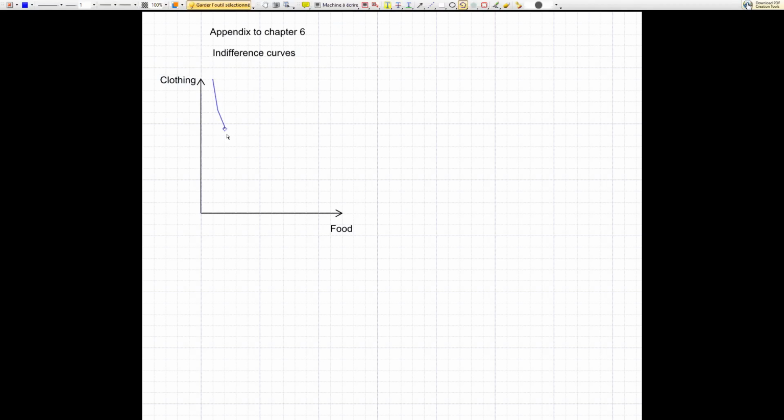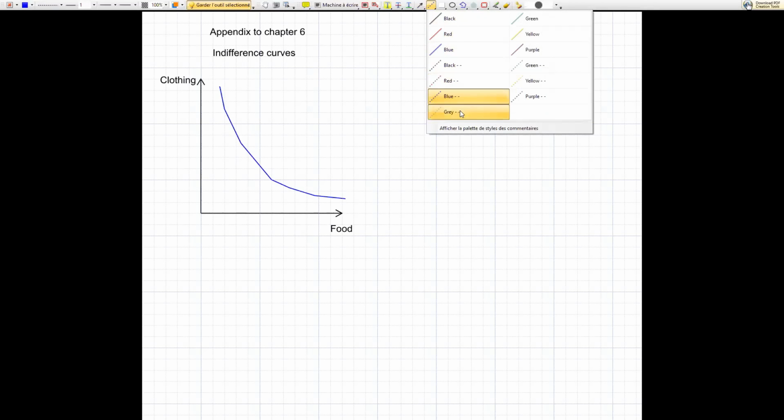So that's my best attempt. Assume it's curved, right? Okay. So this is an indifference curve.